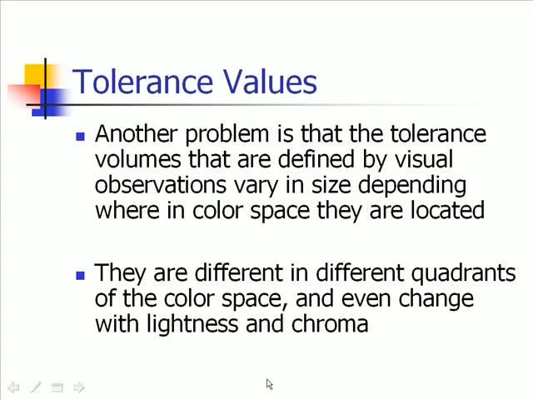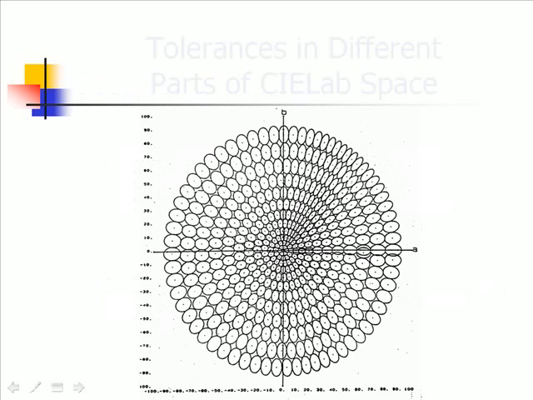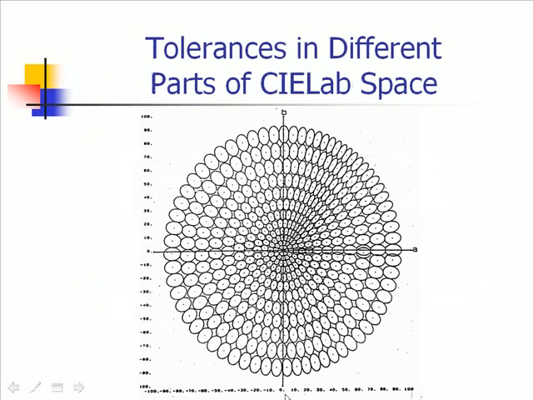If we looked at CIELAB space, what we would see is that if we did that experiment like MacAdam did way back on the chromaticity diagram, where we drew standards and then where we could see a difference, acceptable matches, what we would see if we did it all through color space is that we would have tolerance volumes that look like this in terms of visual.